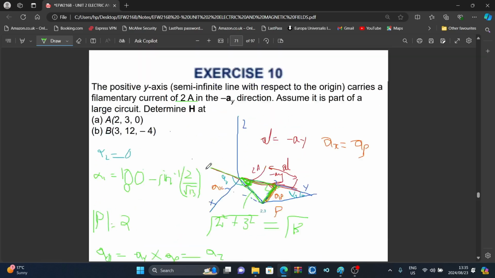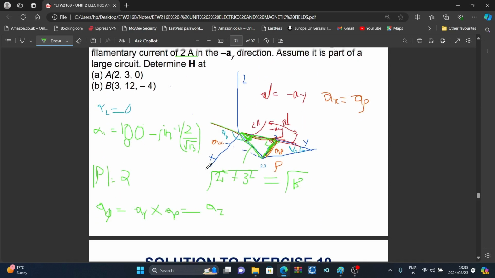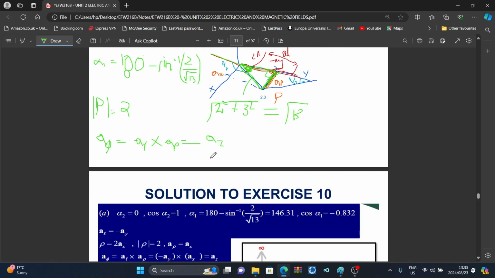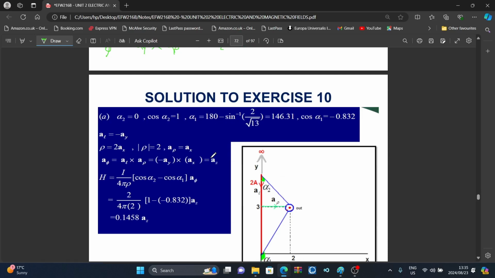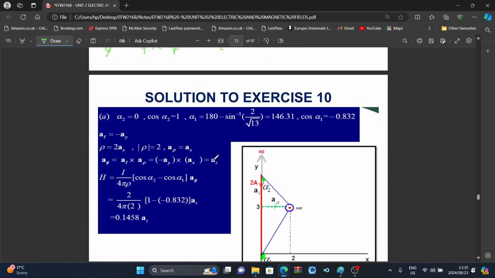It's part of unit one, I believe. Yeah, so it's part of unit one. You can check it out if you don't remember. And as you can see, they do the same thing here. Alpha 0 and then cos of alpha 1, 0 is just 1.